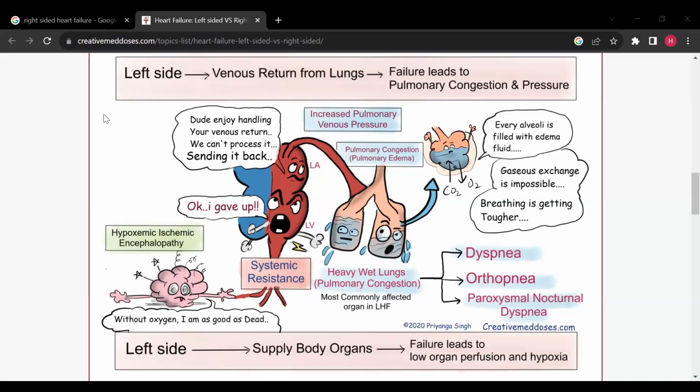Any questions for left-sided heart failure? Okay, then someone tell me what left-sided heart failure is and what it causes.